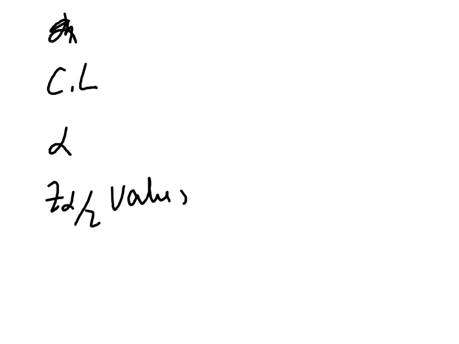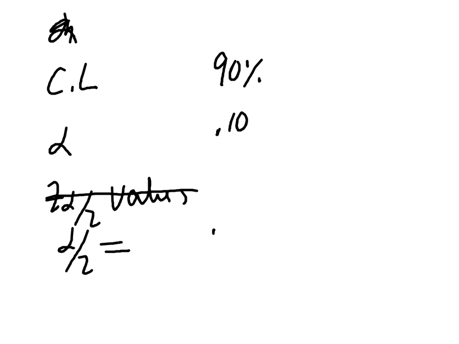When our confidence level is 90%, we want to be 90% confident, our alpha is 0.10, and of course when we cut that 0.10 in half for our alpha over 2, we get 0.05, and the z sub alpha over 2 value associated with that is 1.65. Okay, and we would get that by finding an area.